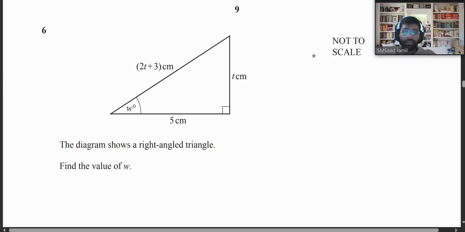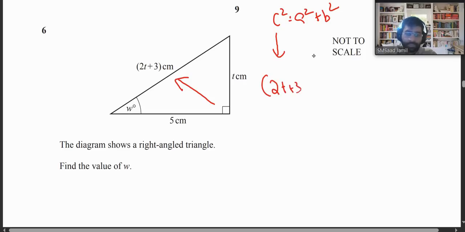So for the Pythagoras theorem, you need to identify the hypotenuse. This is the hypotenuse. The formula is c square is equals to a square plus b square. It doesn't even matter what you take as a and b. What matters is c. C is the hypotenuse. So it's basically 2t plus 3 whole square is equals to 5 square plus t square.